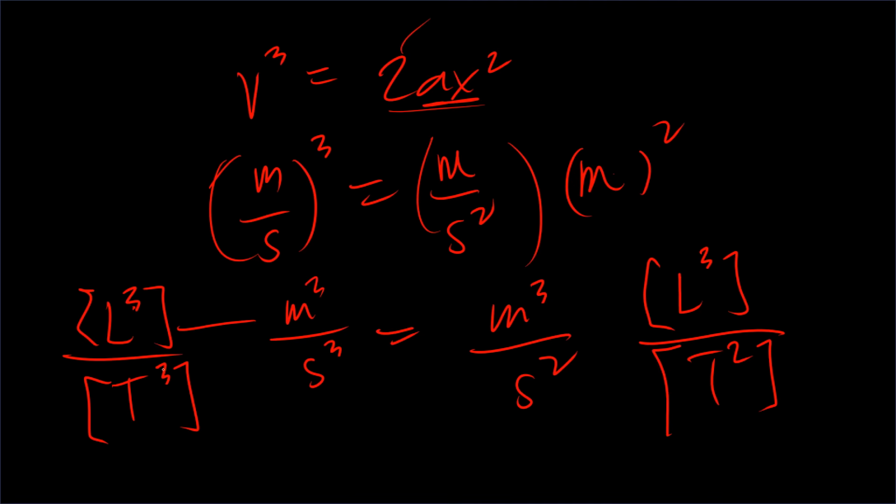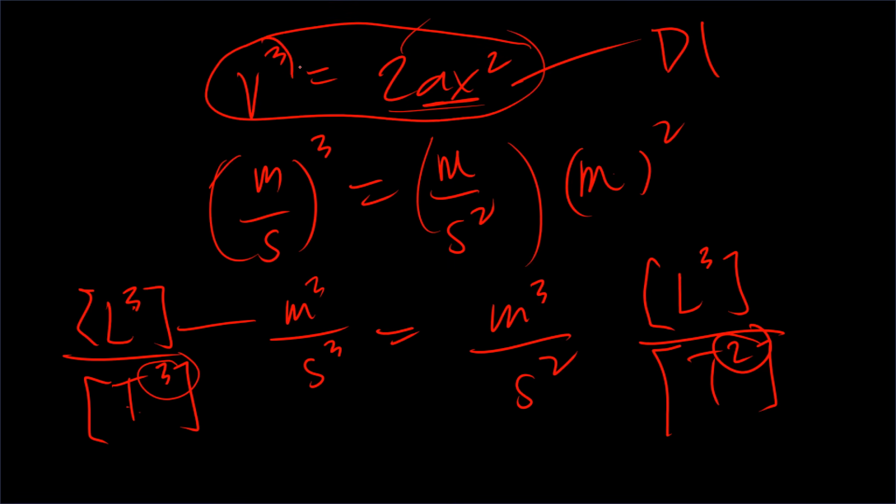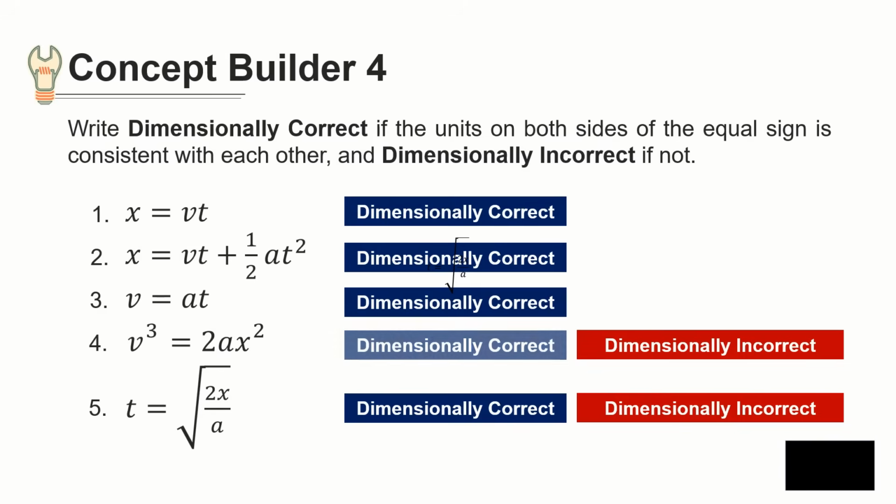So, yung sa ilalim, si time dito raised to 3, yung sa kabila raised to 2. So, since magkaiba sila, kahit na lahat ng dimensions ay present, so meron tayong length, meron tayong time sa kabila, merong length dito, merong time. Since magkaiba yung power nitong time sa ilalim, ibig sabihin, this equation is not dimensionally correct. So, this is dimensionally incorrect. So, we cannot use this equation to solve for the value of velocity or to solve for any of the value in this equation.